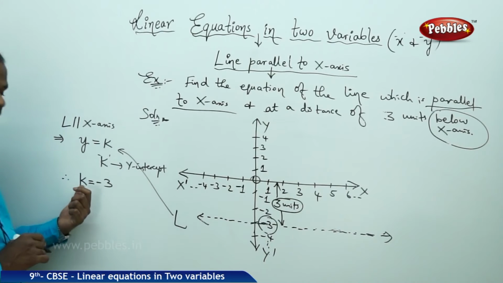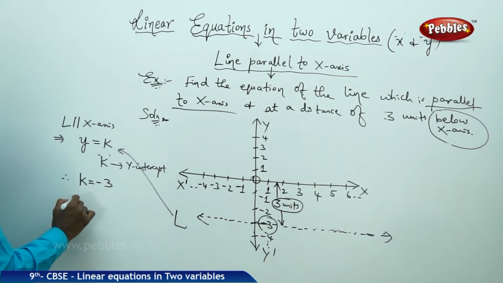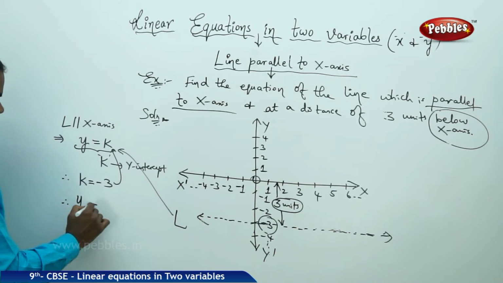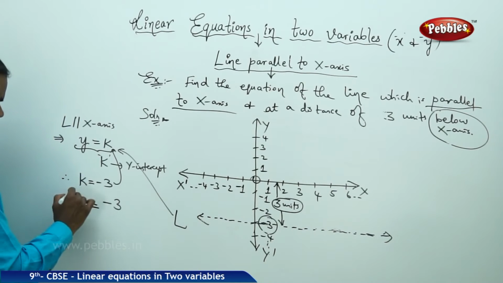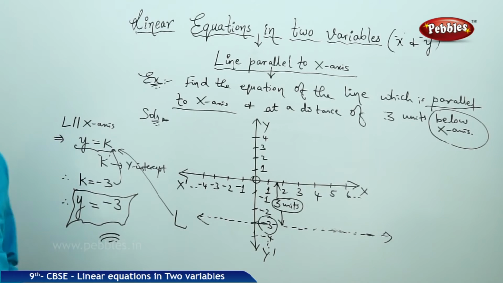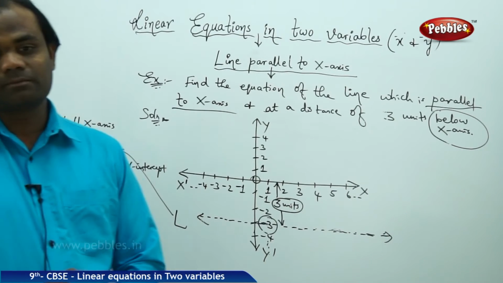So my value of y-intercept, that is k, is minus 3. Therefore, substituting k equal to minus 3 into this form, I get y equals minus 3. Therefore, the equation which I demand is y equals minus 3.